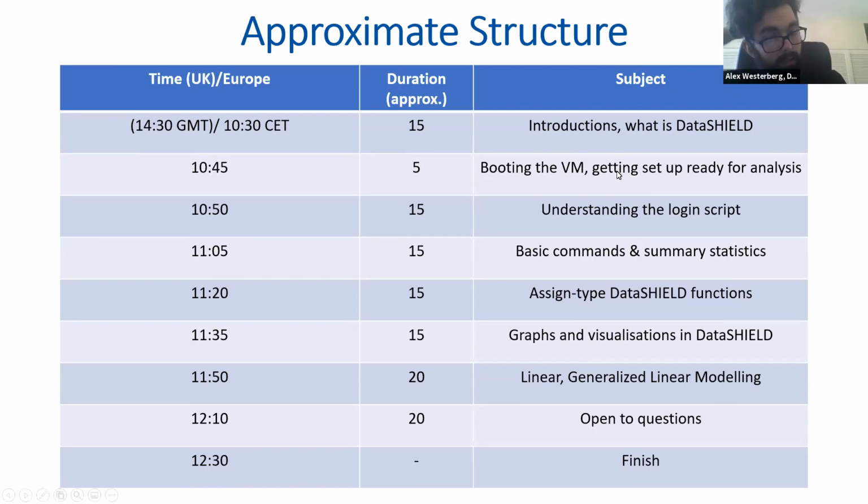The times are actually a bit wrong here, but from about 20 minutes onwards, we'll be slowly going through a script I created earlier, doing various things like logging in, commands, summary statistics, and so on.